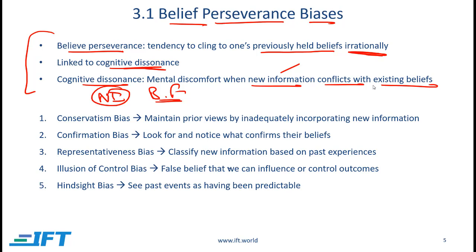But if new information comes in which clearly indicates that the types of investments that are better are somewhat different, then belief perseverance biases might stop him from properly responding to this new information. Under belief perseverance biases, we have these 5 biases that I've already mentioned a few times. And again, remember CC-RE: conservatism, confirmation, representativeness, illusion of control, and hindsight bias.